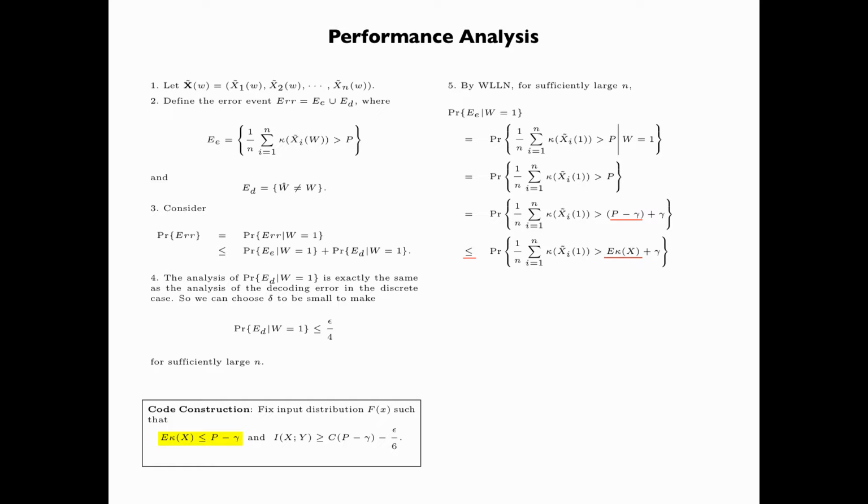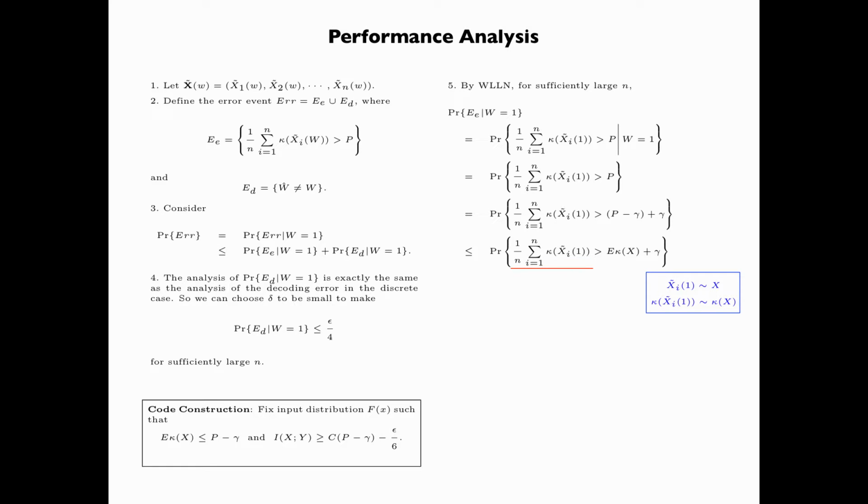This is justified because the expectation of kappa of X is less than or equal to P minus gamma, and so the upper bound is in fact the probability of a potentially larger set. Now X tilde i of 1, that is the ith component of the first codeword, has the same distribution as X, and kappa of X tilde i of 1 has the same distribution as kappa of X.